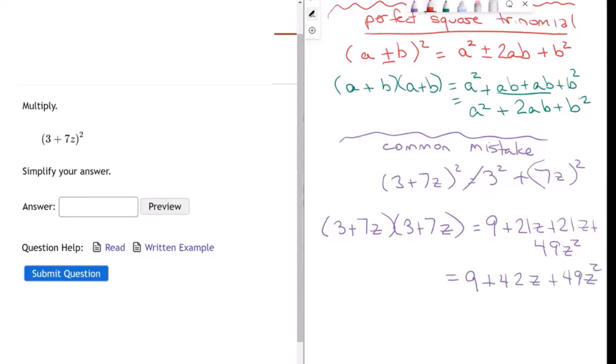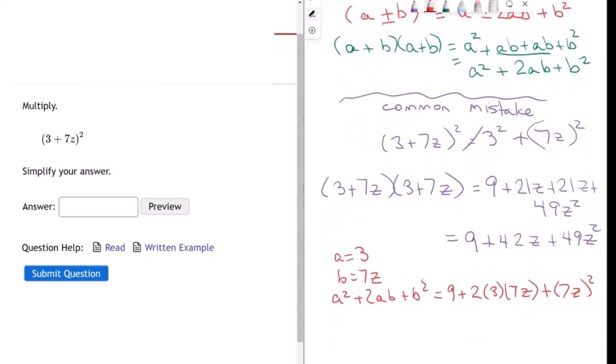If a equals 3 and b equals 7z, and I use the formula that I gave you above, this would equal, well, first term a squared is 9 plus 2 times a times b plus b squared.